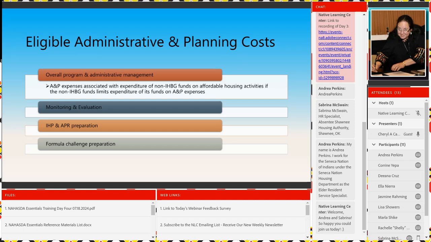Now, if that was hard to comprehend, or what did she just say, call HUD if you should need to do that. Okay. Monitoring and evaluation, IHP preparation, formula challenge preparation are all acceptable, legitimate uses of your A&P funds.